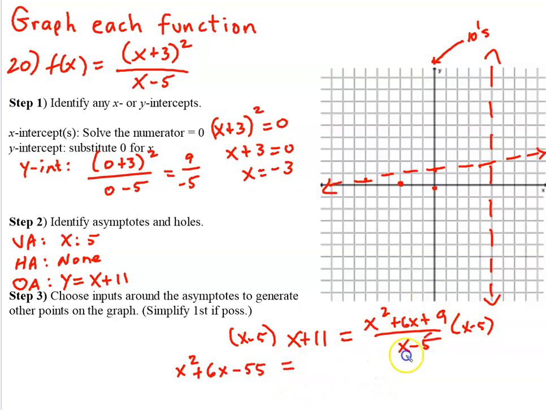And on the right side, of course, these would cancel. The x squares would cancel. The 6x's would cancel. And so we've got proof or assurance that since -55 does not equal 0, of course, we can't solve this and get a real number for x, then our oblique asymptote will not be crossed over by our graph.